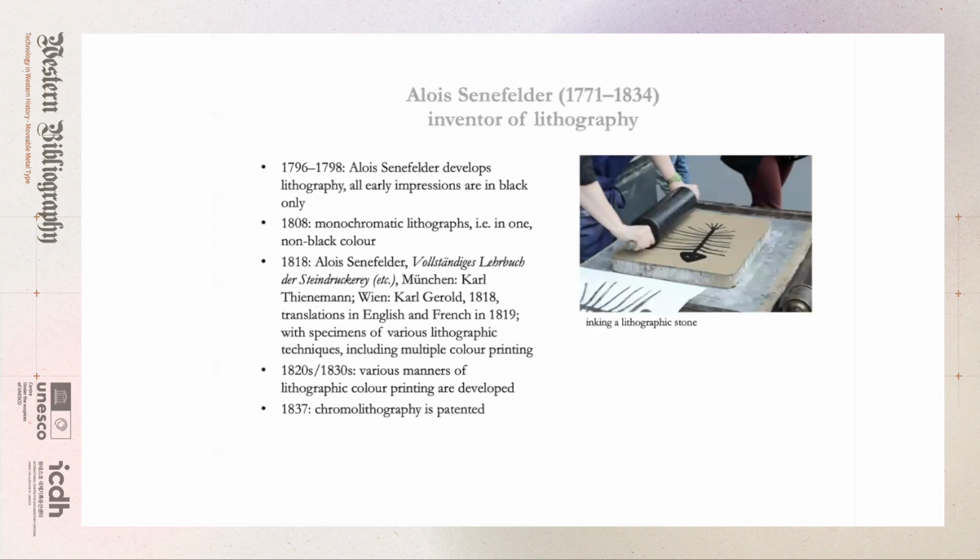After preparation of the stone, its surface was dampened with water. The fatty drawing repelled the water, but accepted oil-based ink rolled over it, see the image. Paper was placed on the inked image and printed against it on a press. Characteristic for lithography, the design on the stone has no relief, that is, design and background are on the same plane.